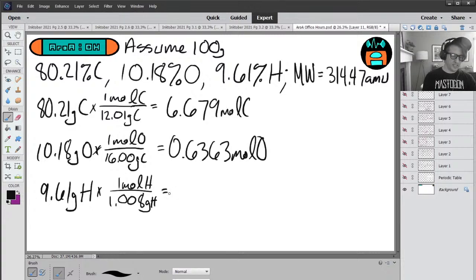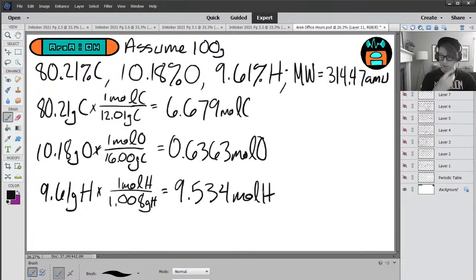And then 9.61 divided by 1.008 is 9.534 moles of hydrogen.